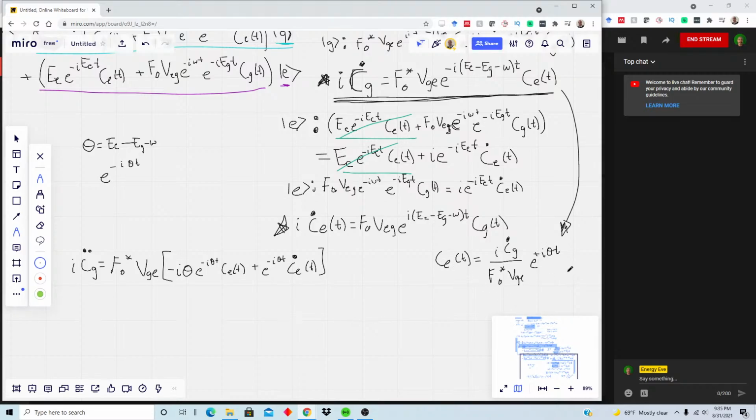And so now we have something that we could plug in. Oh, yeah, CG right here. And so let's plug that into here and see what we get.